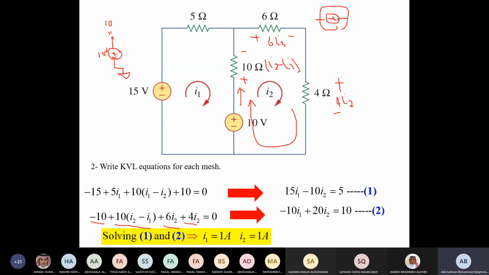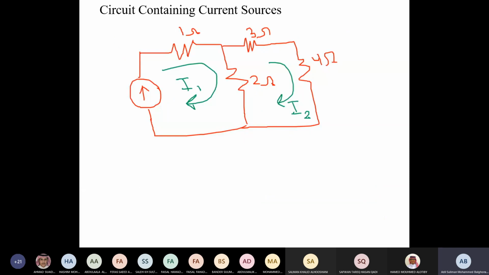Well, we have something similar. Let's try this. We have this circuit over here. We have a current source on mesh 1, and if we want to write KVL around this, we come over here. Let's say this one is 10 ampere. Let's start with the 1 ohm. So I'm going to put a voltage drop, plus minus.